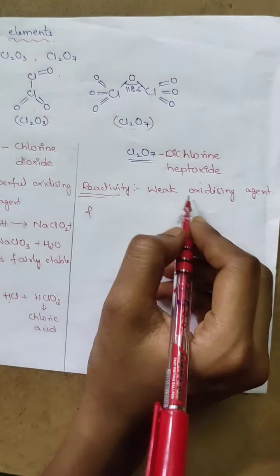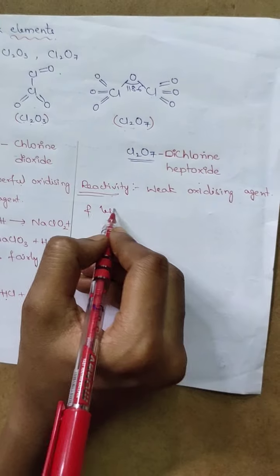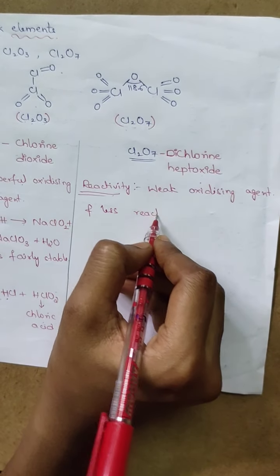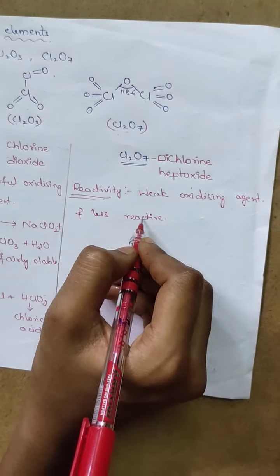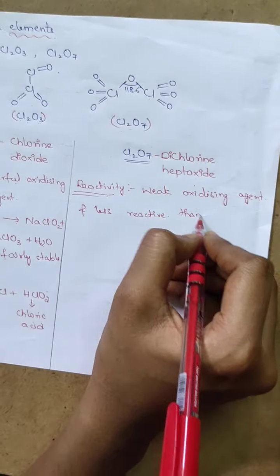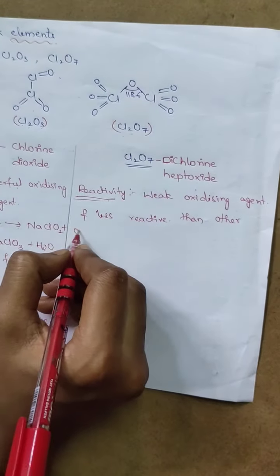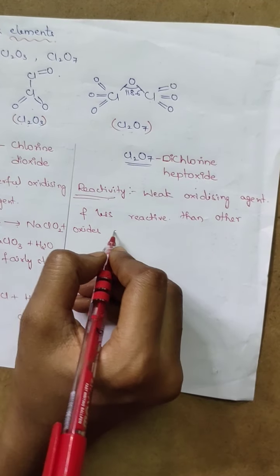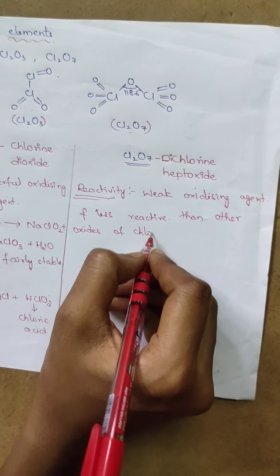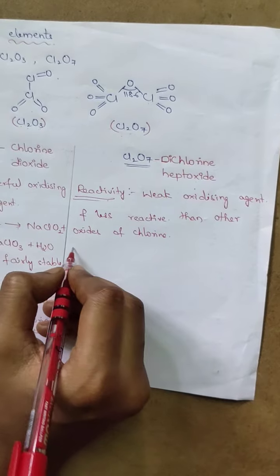So a weak oxidizing agent is less reactive. This one is less reactive than other oxides of chlorine.